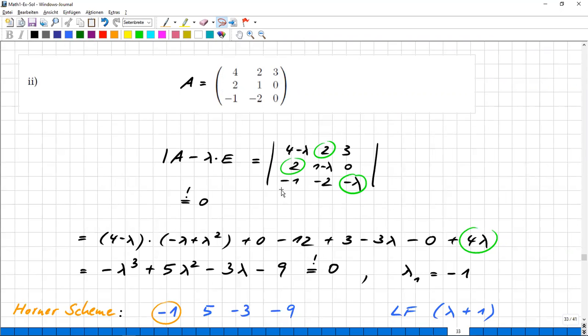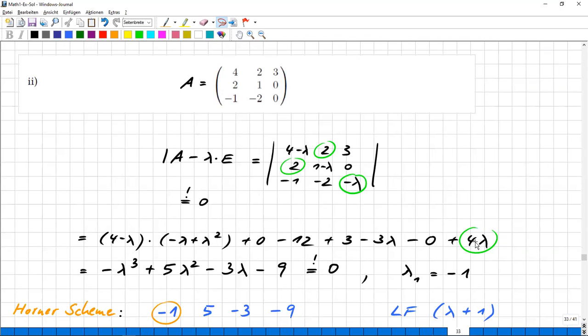Then I get a 0 contribution for this parallel. This counts negative, and the last one would be this times this times this. So it's negative lambda times 2 times 2, so minus 4 times minus lambda, which is plus 4 lambda. So it's quite easy due to the 0 contributions.